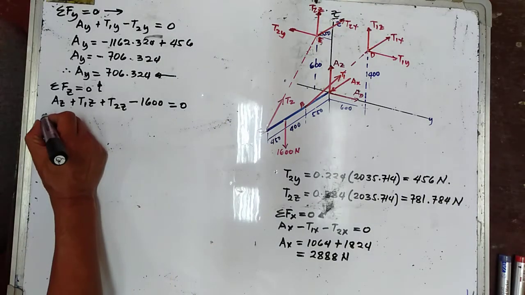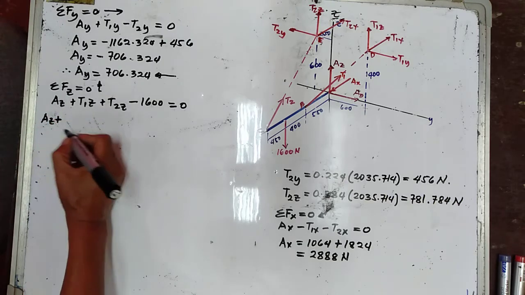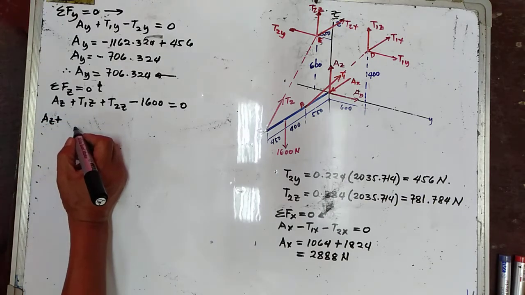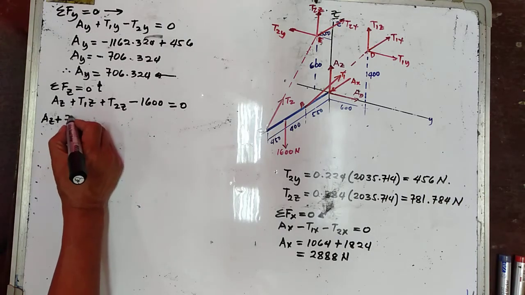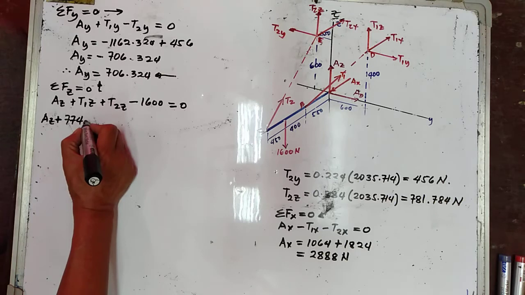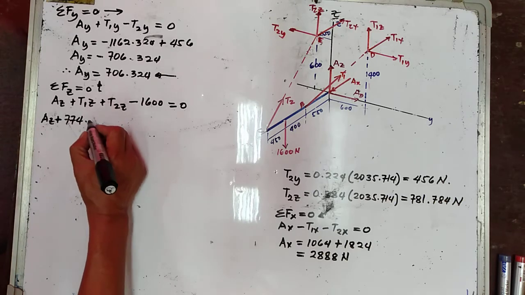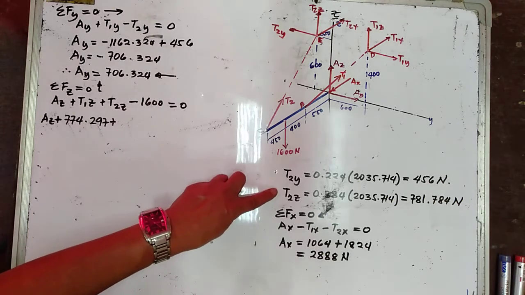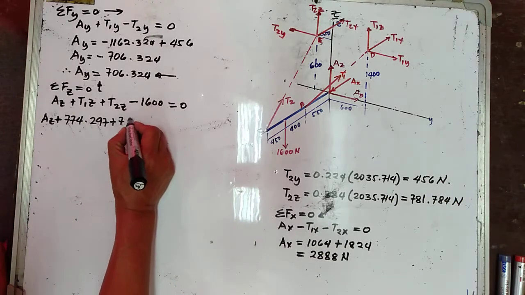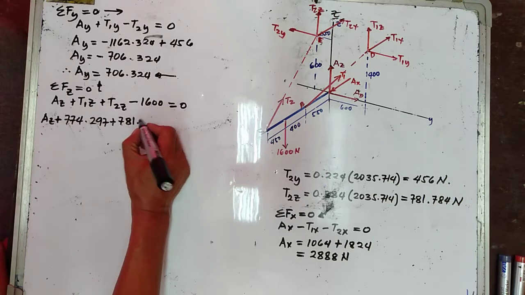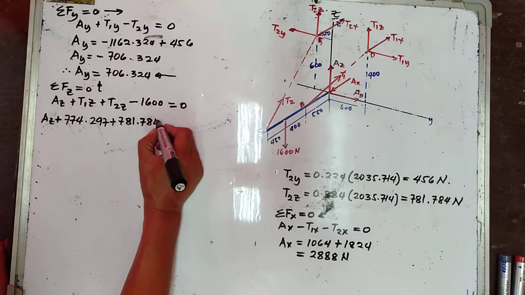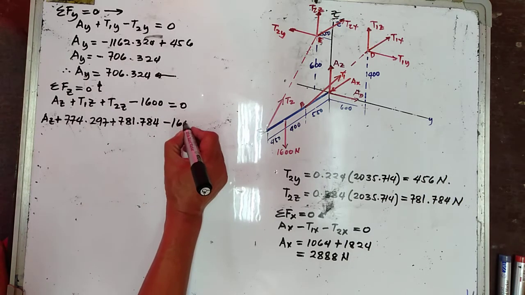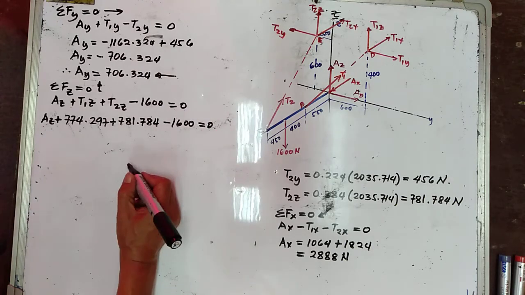So your AZ plus your T1Z is 774.297 plus T2Z 781.784 minus 1600 is now equal to 0.